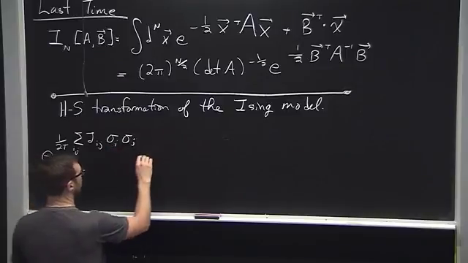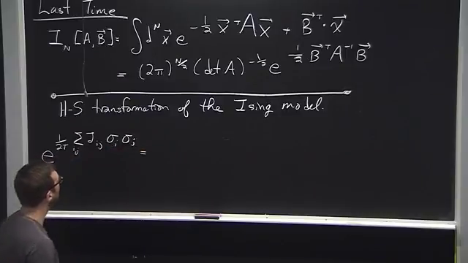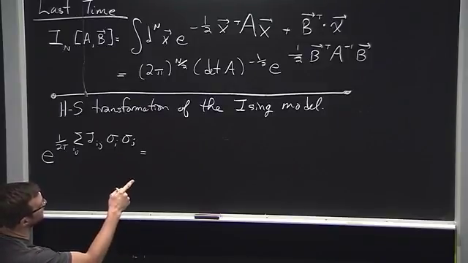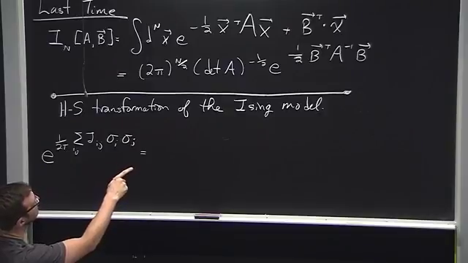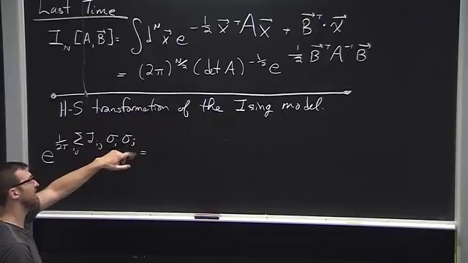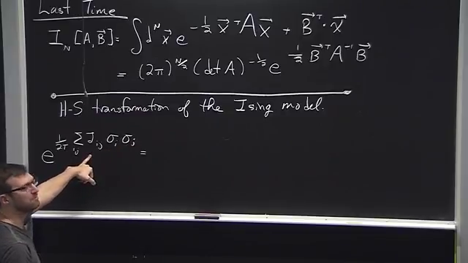And so these are my plus or minus 1. And so those, the sigma_i, sigma_j, are analogous to, well, I've written things in terms of a vector, B here, and a matrix. So the J_ij will be like the inverse of A.